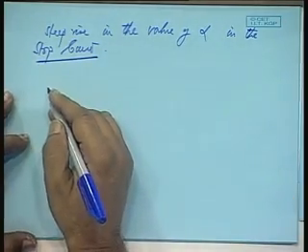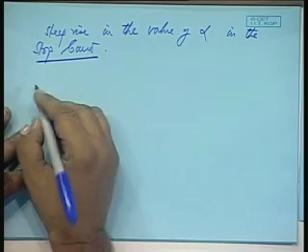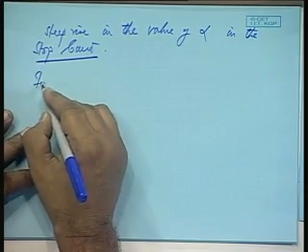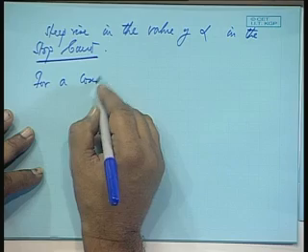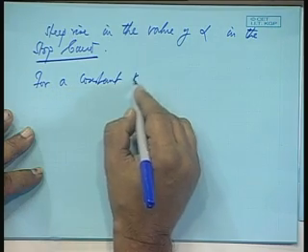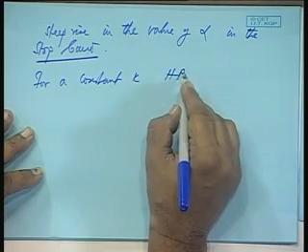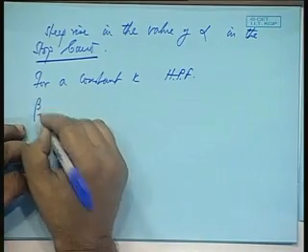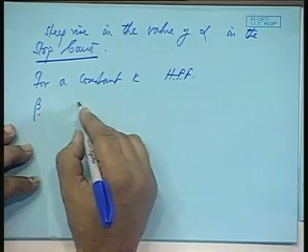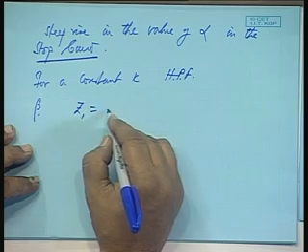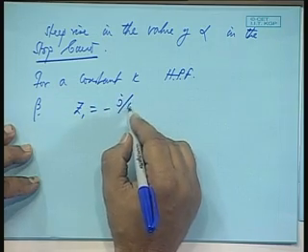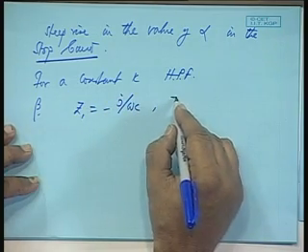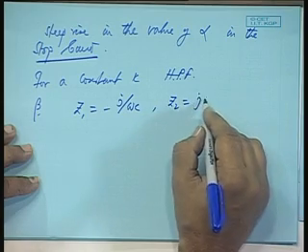Let us examine this for a high pass filter now. For a constant k high pass filter, what will be the variation of beta? Once again, for a high pass filter we have Z1 and Z2 like this.